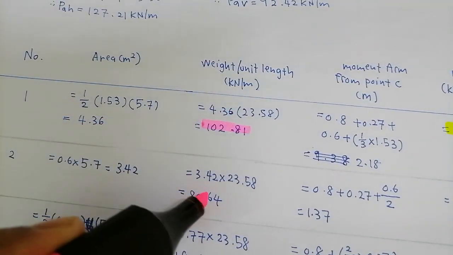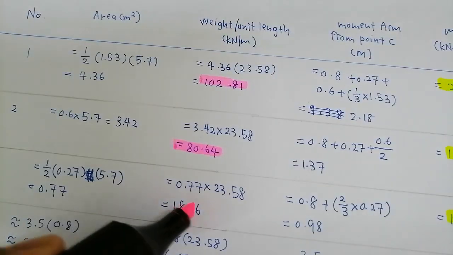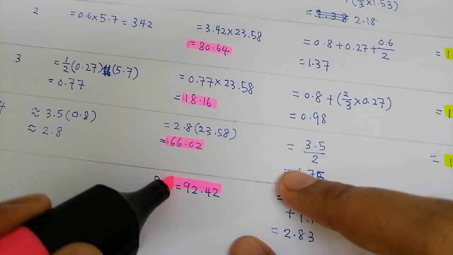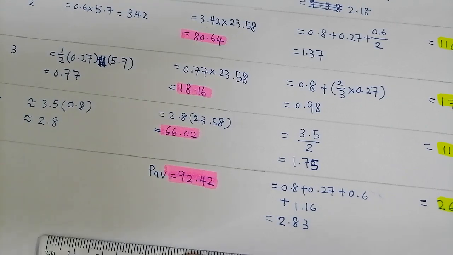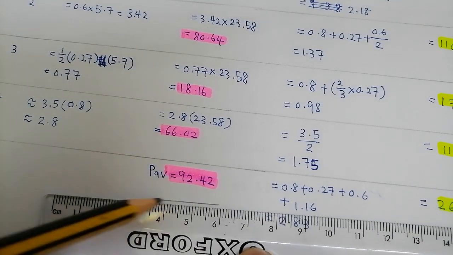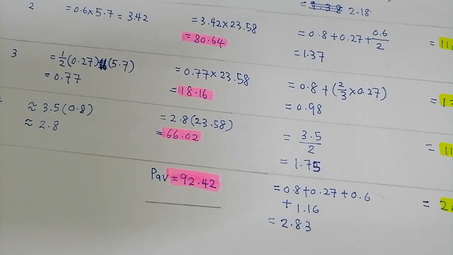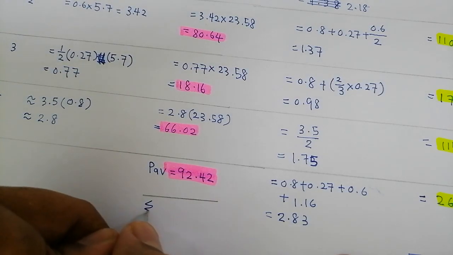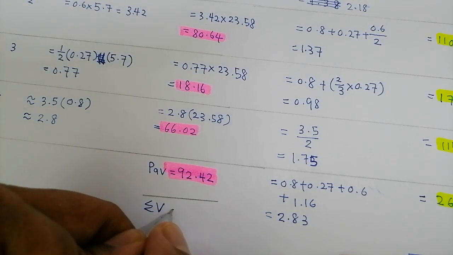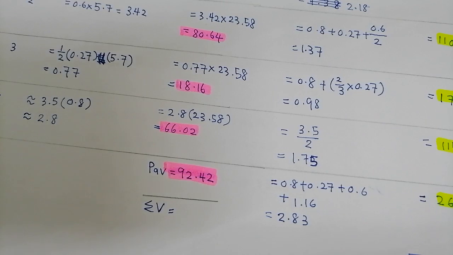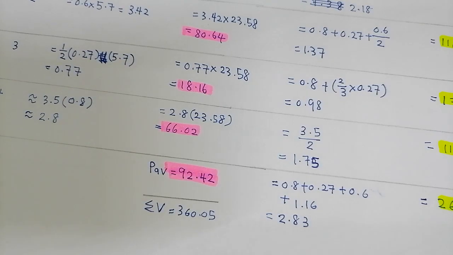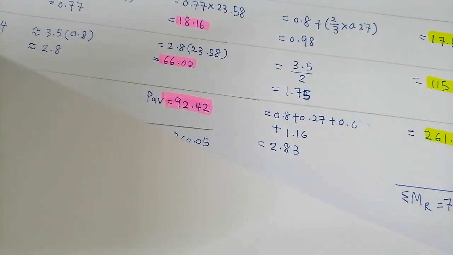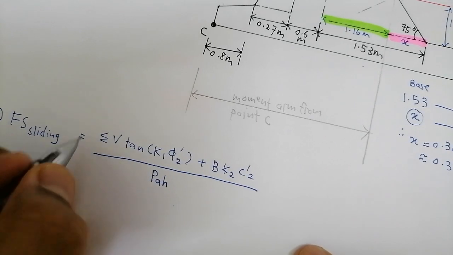So add all these numbers, 1, 2, 3, 4, 5. This is summation of V, and the value is 360.05.